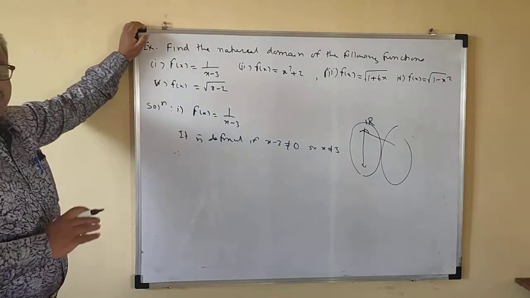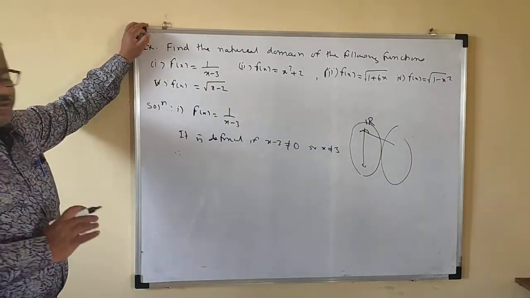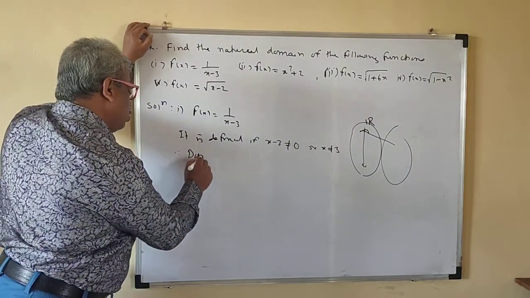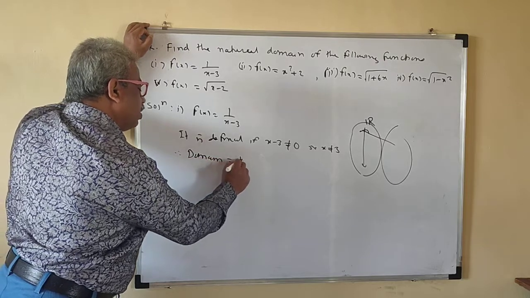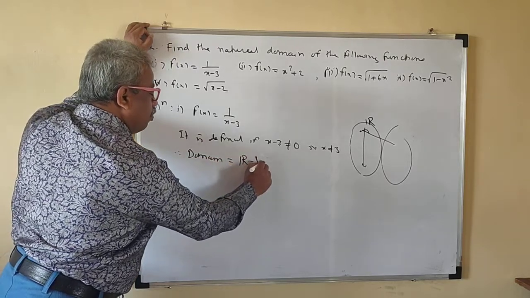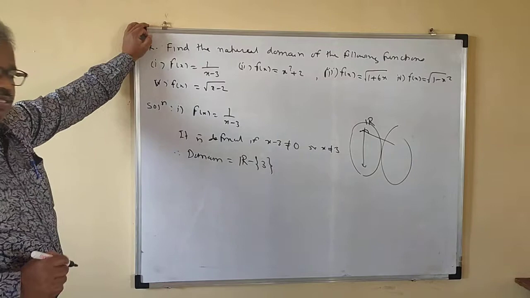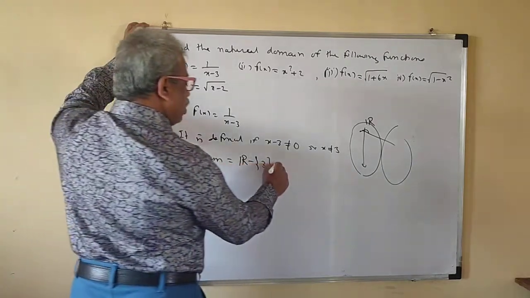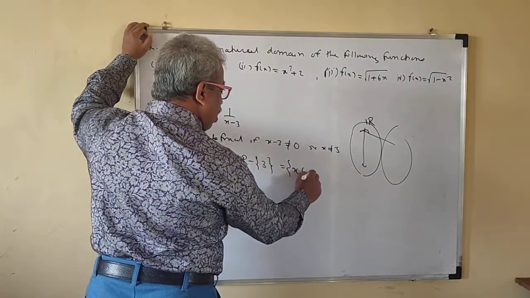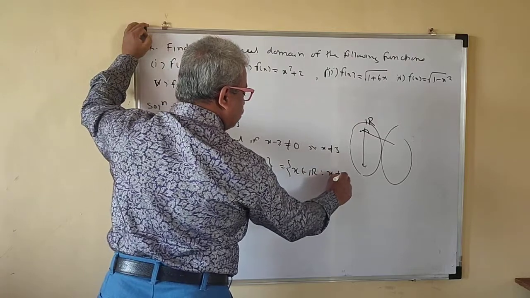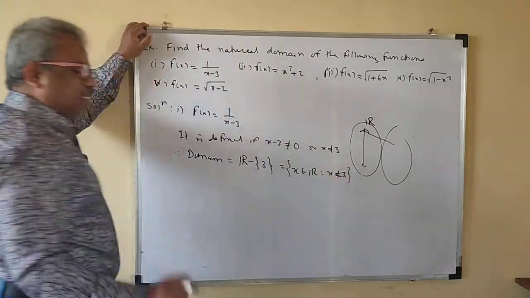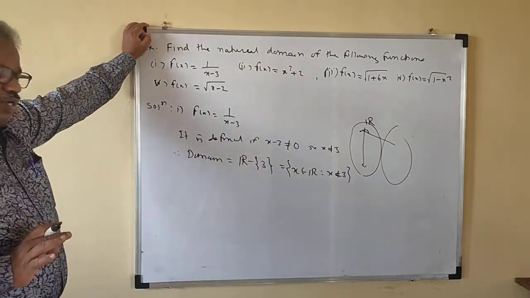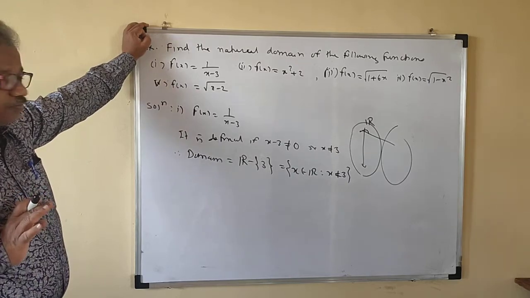So if x is not equal to 3, then at every point this is defined. So your domain is what? The domain is nothing but the set R minus the singleton {3}. Or you may write x belongs to R such that x is not equal to 3. x is a real number such that x is not equal to 3. This is the domain.